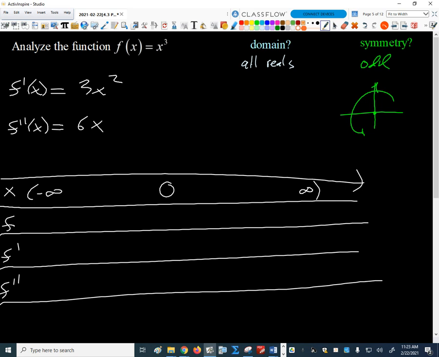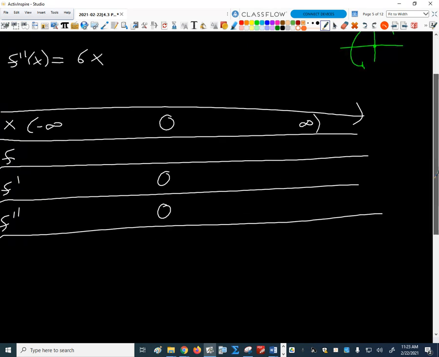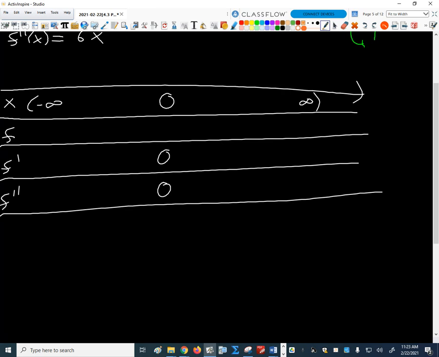So x equals 0 is a 0 of the first and second derivatives. Can we apply the second derivative test here? Yes or no?